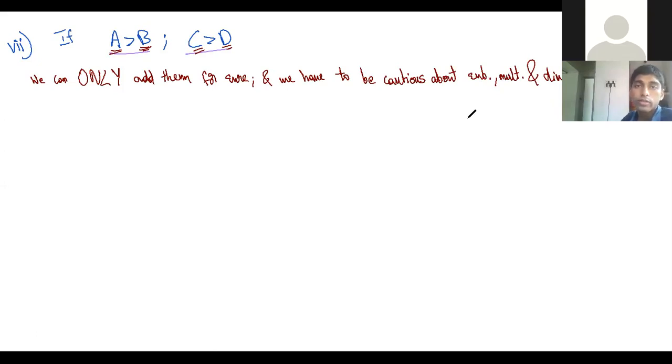In other words, this note is telling A greater than B and C greater than D. This implies A plus C greater than B plus D. This alone is always true. But the other things, they are not necessarily true always. Okay.